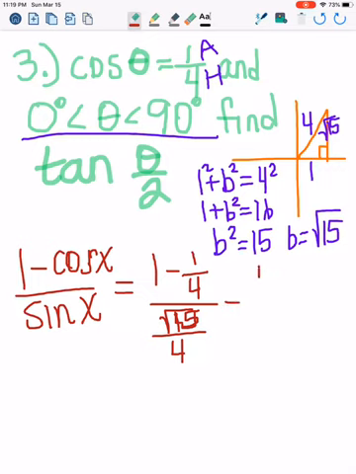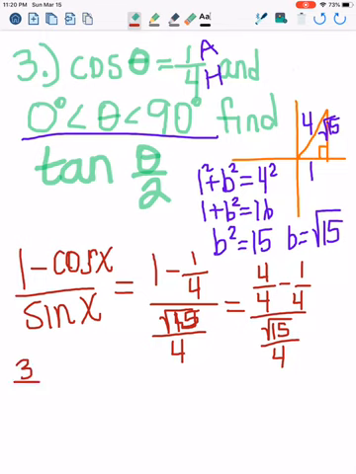So this is going to be 4 over 4 minus 1 over 4, and I'm just leaving the denominator for now. And so now I will have 3/4.